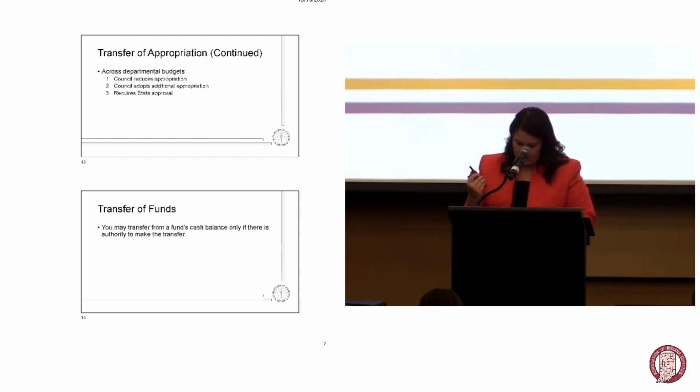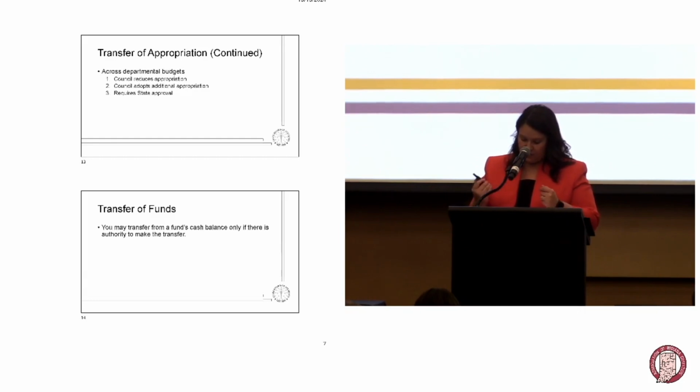It is possible for an emergency to occur that you didn't anticipate, such as a heavy snowfall affecting the budget for plowing roads and salt and things like that. So you might need to shift around your budget because it's something unexpected. You didn't know it was going to happen.